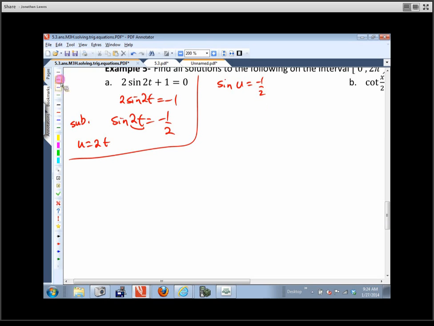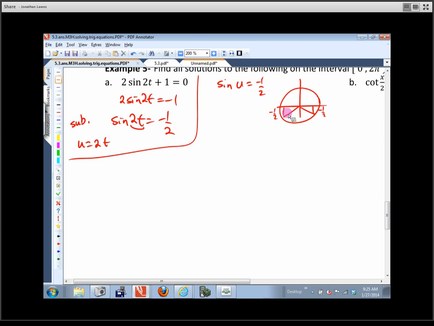So when Peyton was thinking about this, the y coordinate was negative, right? So if we draw a unit circle and we've got -1/2, that would happen here and it would happen here, right? And if this is -1/2 and that's -1/2 over here, how big are these little reference angles?